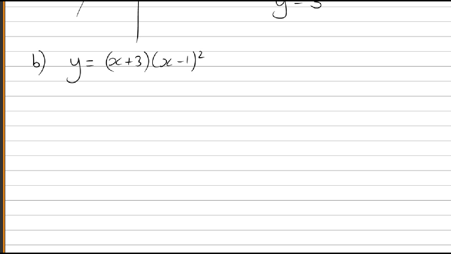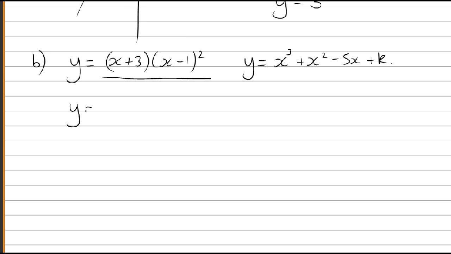In part B, we're asked to show that the equation of C can be written in the form y equals x cubed plus x squared minus 5x plus k. So what we need to do is expand these two brackets.